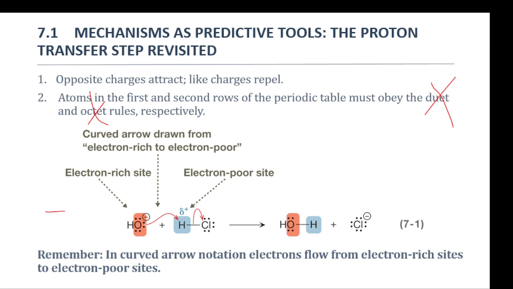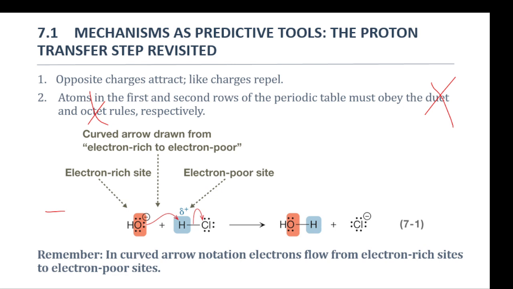That's because on the third period, the 3d orbitals are available to do bonding in. You can put electrons in them, and that means you can pull more electrons into bonding orbitals. The fourth period does it more. It's a little more unusual on the third period to do that. But in organic chemistry, for the most part, we're going to be using the octet rules, and for hydrogen, of course, the duet rules.